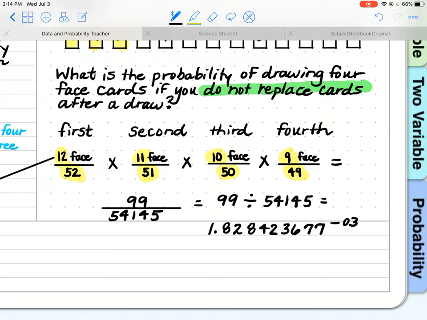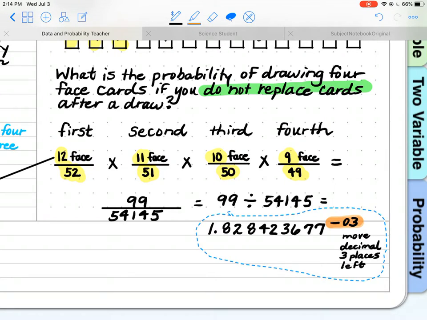So what you need to do to read scientific notation is right here. The negative 03 means to move the decimal 3 places, negative is left. Okay, so I'm going to move this down just a hair because I don't want to lose any of my problem.